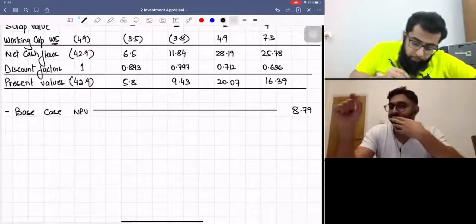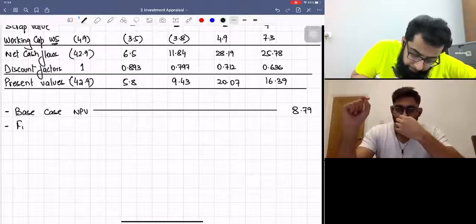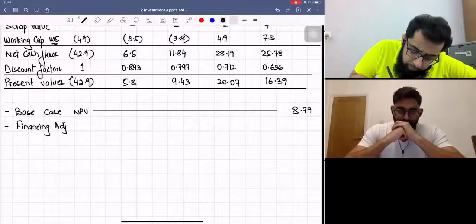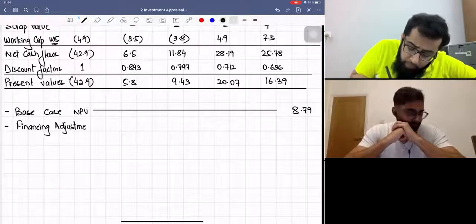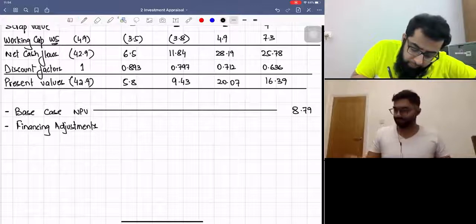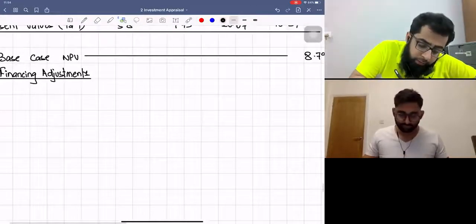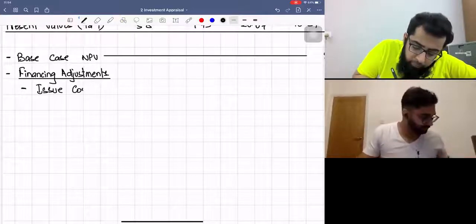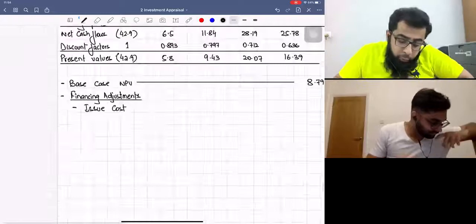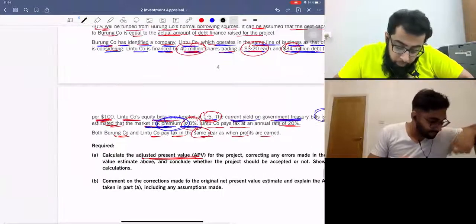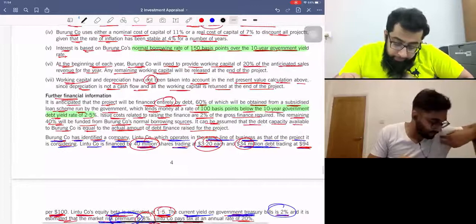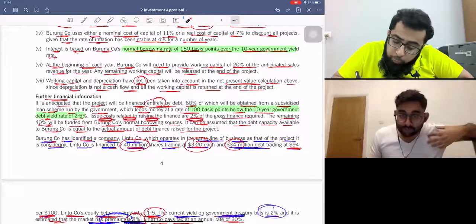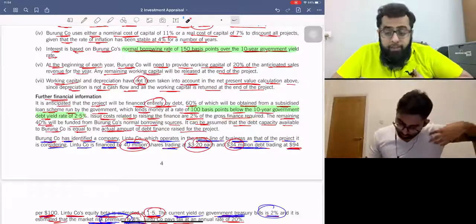So let's do the financing adjustments. The first financing adjustment will be of issue cost. If you look at the issue cost, he says that issue costs related to raising the finance are 2% of the gross finance required.